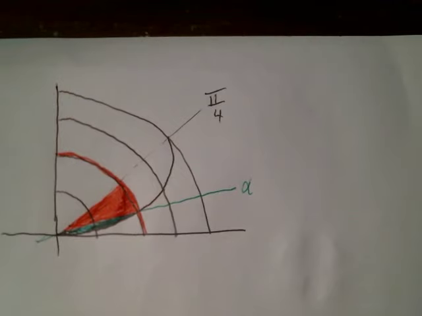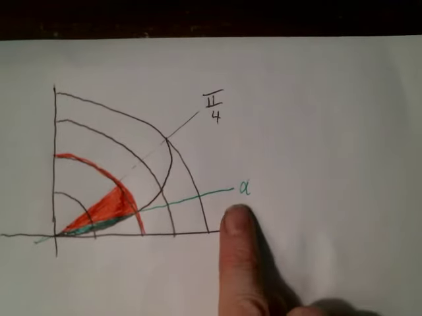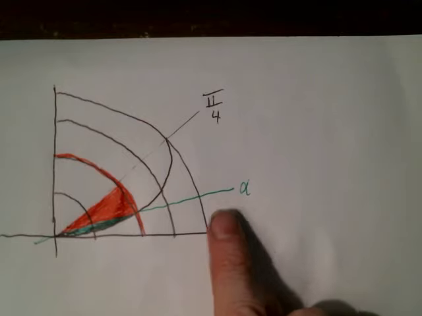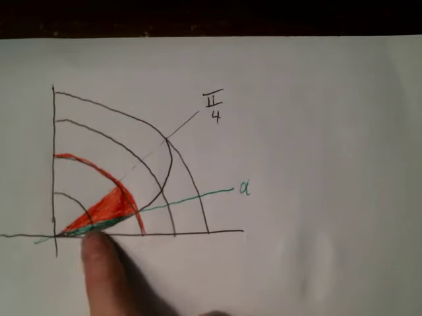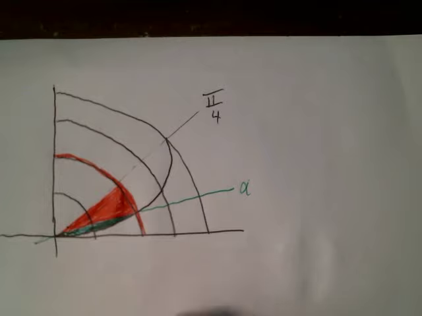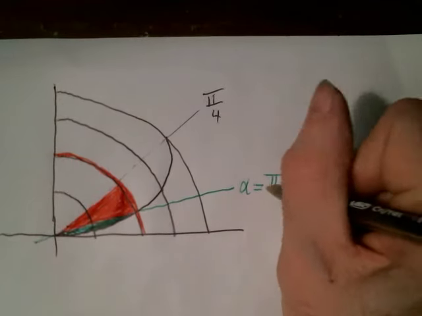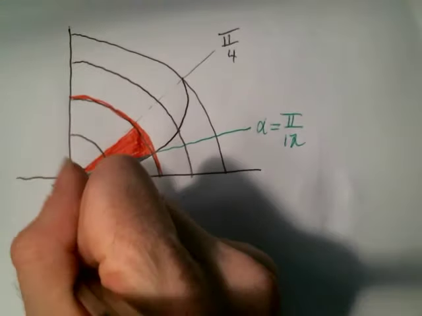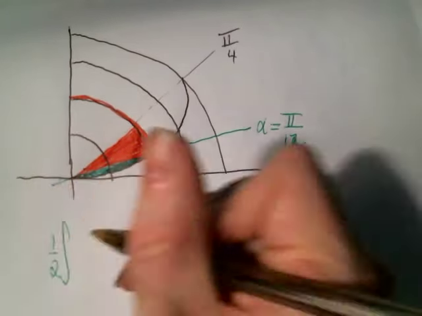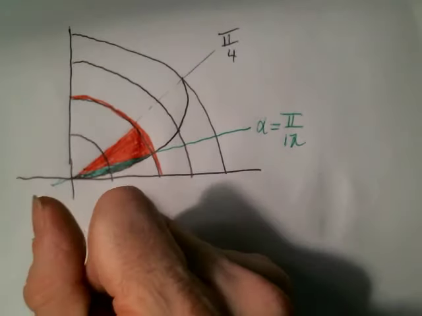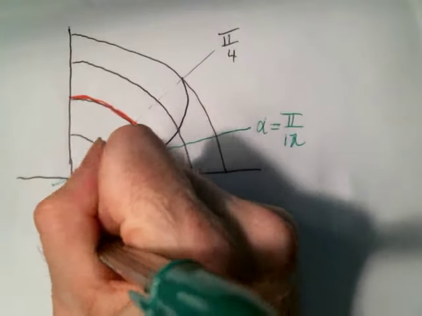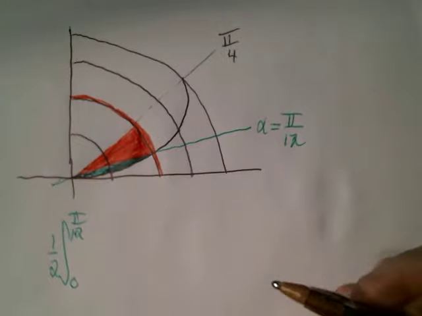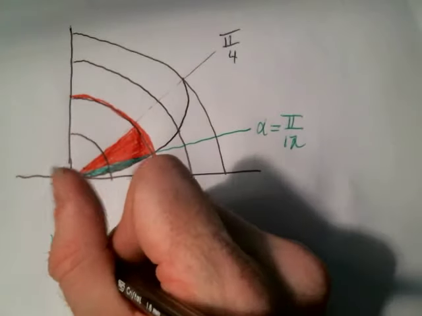So for the green region, I also need to know this alpha value, and that's the intersection between the rose and the circle. I found it, it's pi over 12. So my first integral is going to be 1/2, and I'm going to go from 0 to pi over 12 of my r function squared.